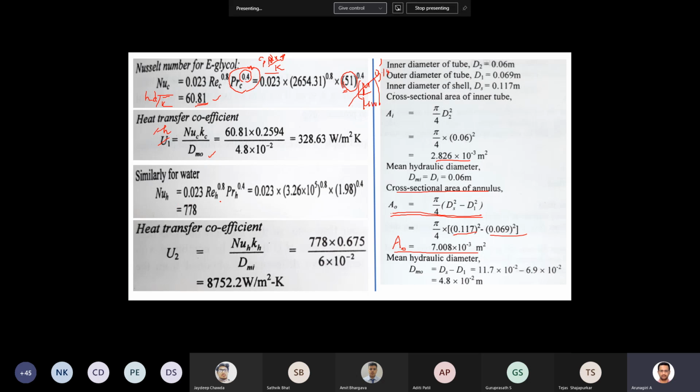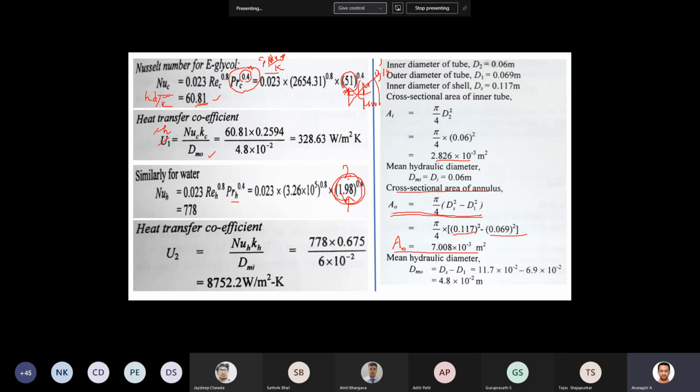Similarly for water, you can calculate the Prandtl number. You can see the Prandtl number for water is around 1.98, approximately 2. You can see the effect of physical properties on this Nusselt number. Here you have 51, so this value is 25 times higher than this.